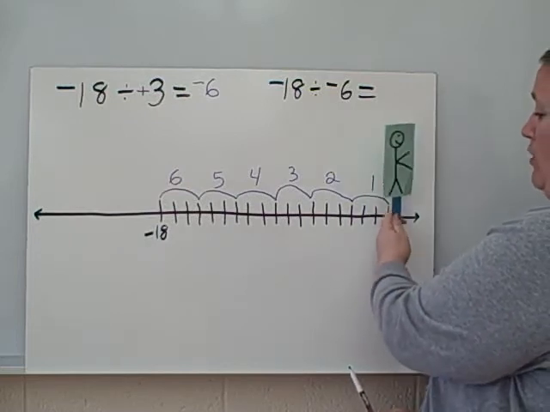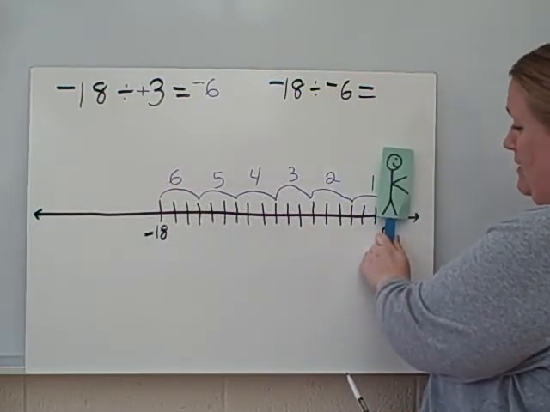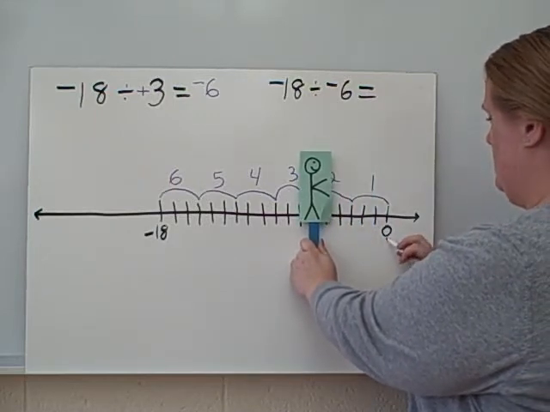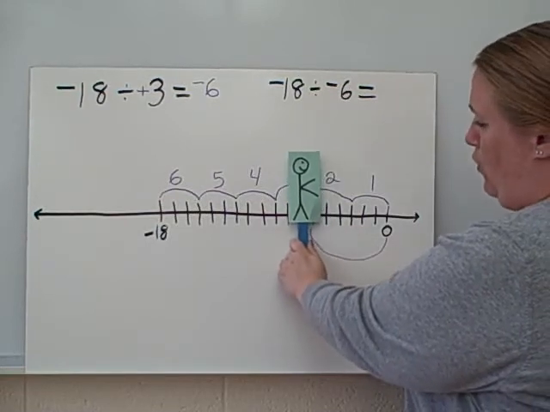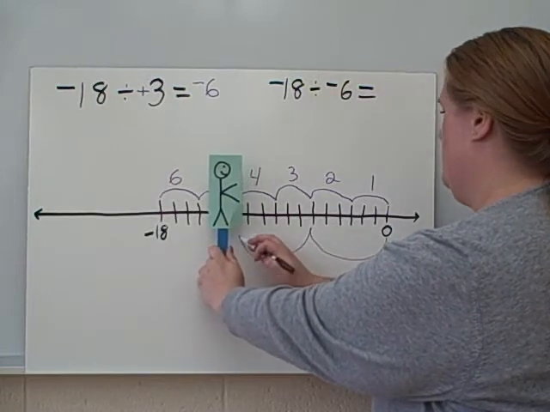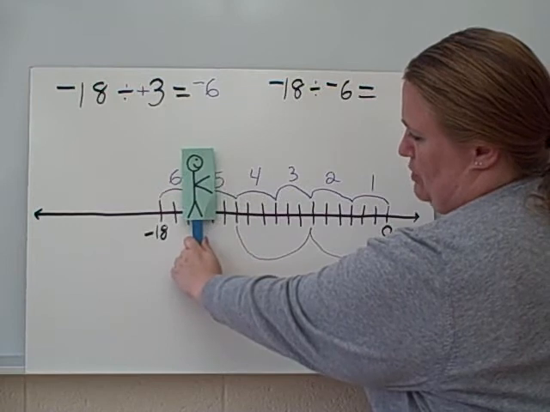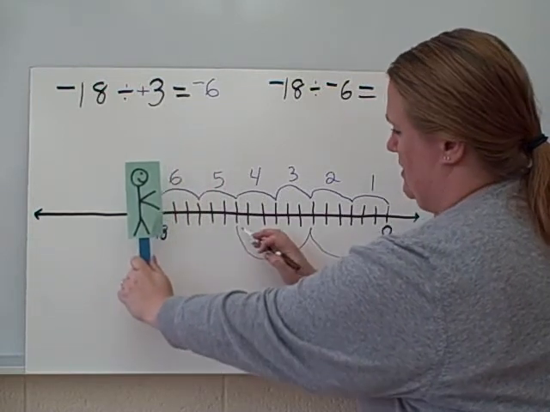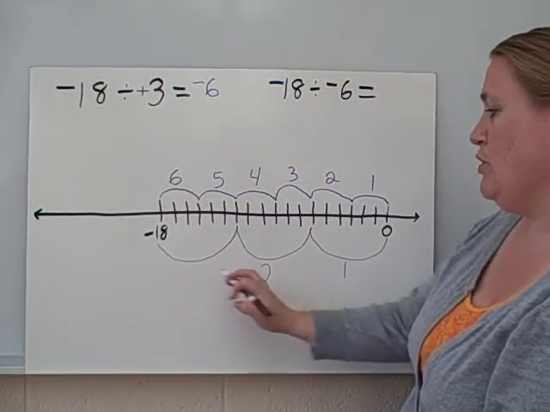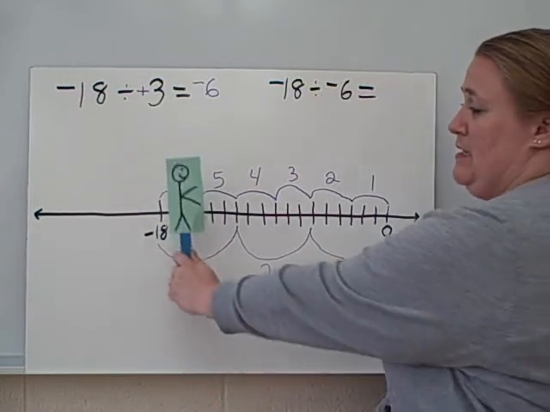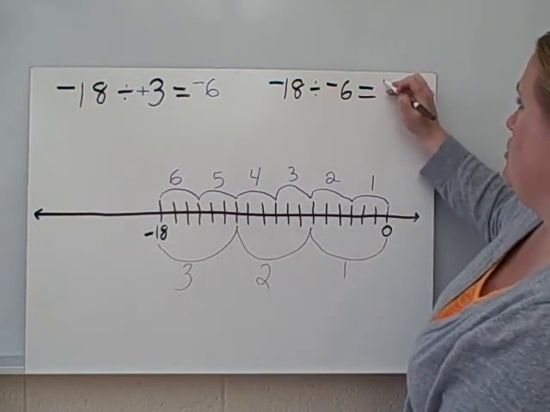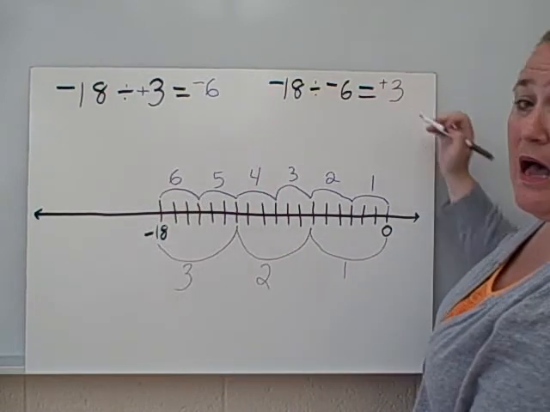So I'm going to walk backwards in steps of 6. 1, 2, 3, 4, 5, 6, three times. So that was 3 steps, and I'm facing the positive direction. So my answer is positive 3.